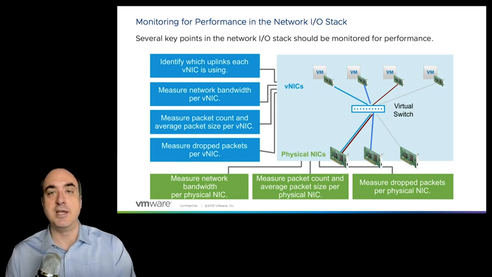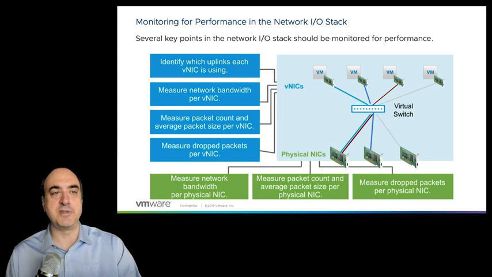Counting packets, though, is not as useful unless you know the packet size, because counting packets that are 100 bytes in size is a whole lot different than counting packets that are 1,000 bytes in size. So we also want the average packet size, which ESX Top can give us, both of those numbers. And finally, we want to be able to measure dropped packets because we don't want to see any dropped packets. That's an important metric to monitor.